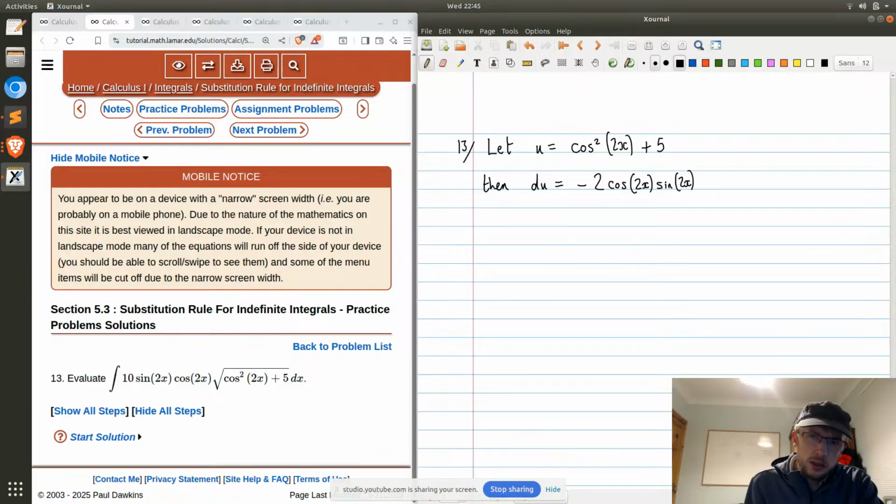Then this 2 will come into the front, won't it? So you get a 4. That disappears. dx.